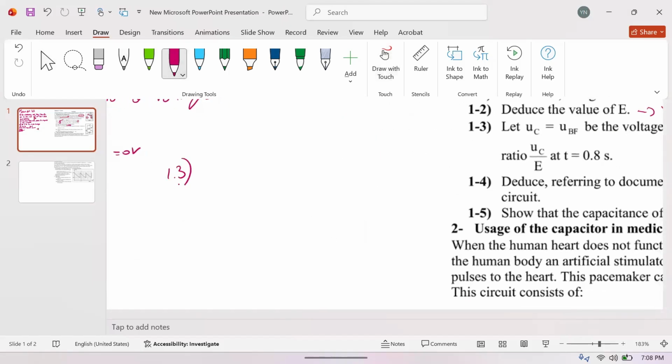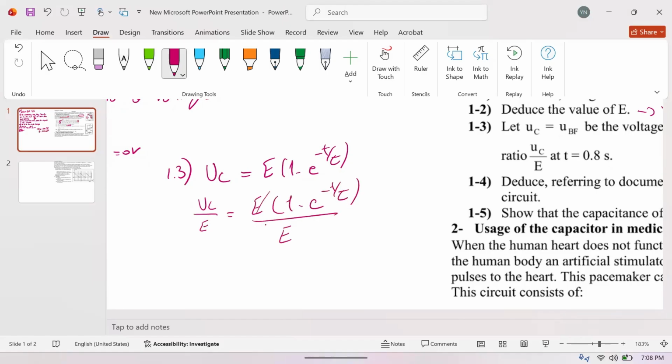Before that question, they ask you about the differential equation, the solution, and so on. You will get that the solution is UC equals E times (1 minus e to the minus t over tau). And simply find the ratio, UC over E, and you just replace UC by its value. You will get 1 minus e to the minus time over tau.